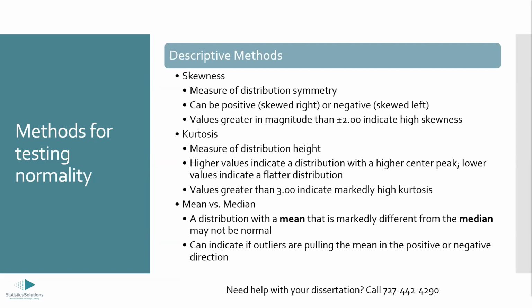And values closer to 0 indicate that the distribution is closer to a normal distribution or is more symmetrical. And a general rule that you can follow is that values of skewness that have a magnitude greater than 2, so values greater than 2 or values less than -2, indicate high skewness.